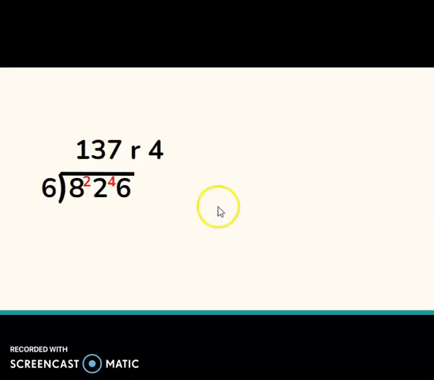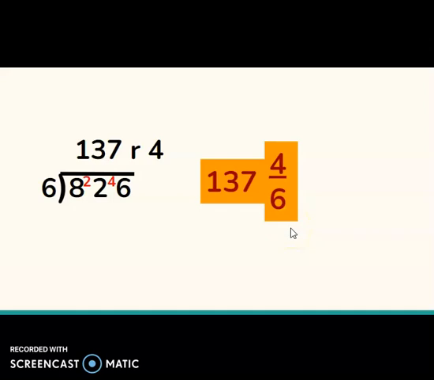826 divided by 6. Following the short division method, we get the quotient 137 remainder 4. This could be written as 137 whole 4 upon 6 as a mixed number.